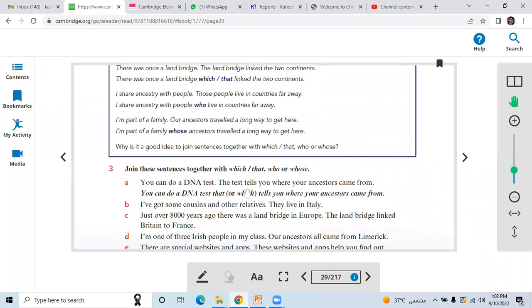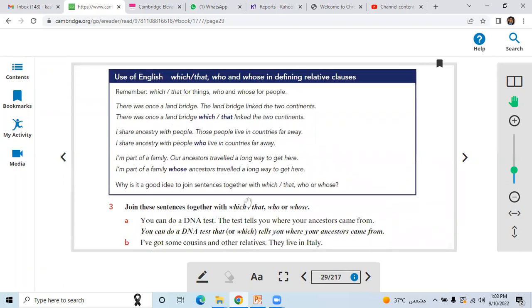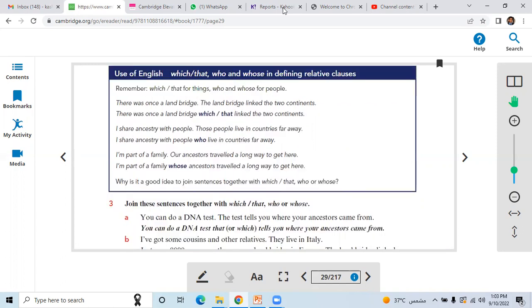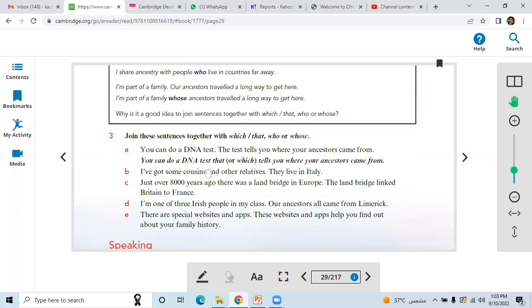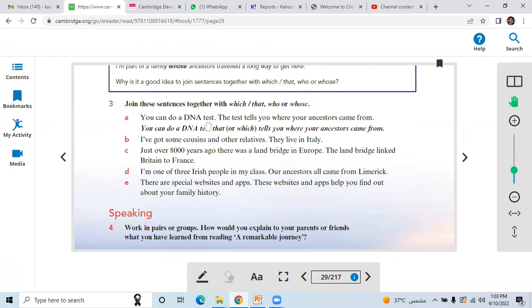So the things to remember: which and that for things, and who and whose we use for people to join the sentences, right?